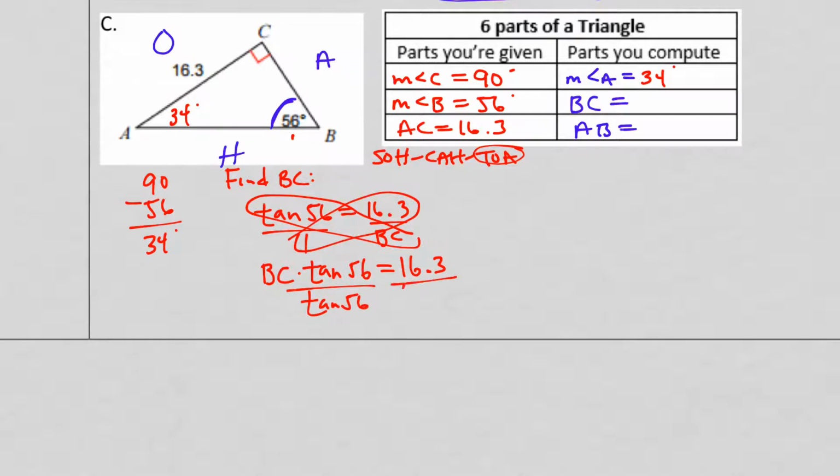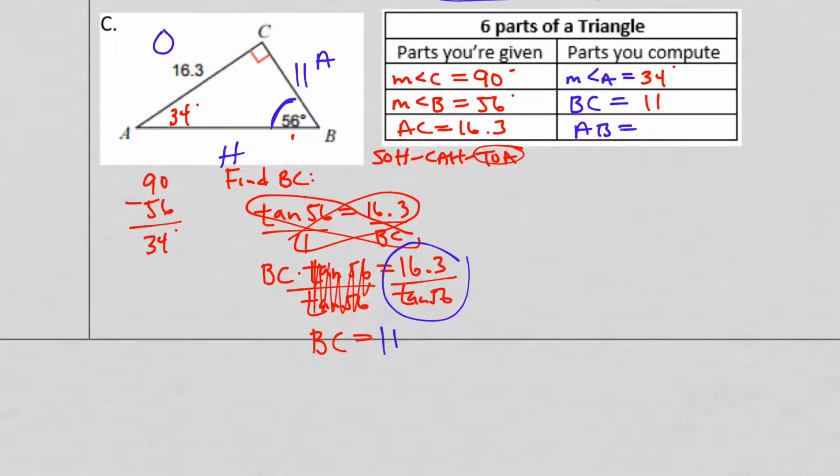So this cancels out, and BC equals, because at this point this is the job of the calculator, 16.3 divided by tangent of 56, which is approximately 11. So the length of side BC is 11.